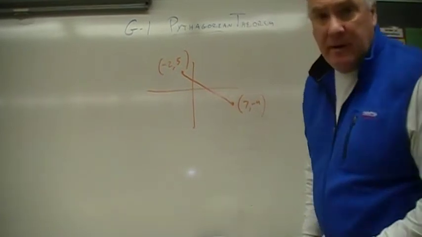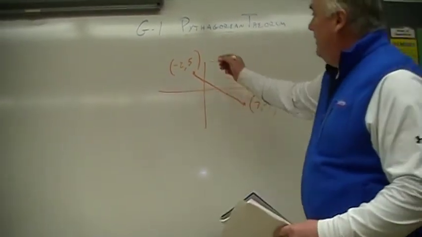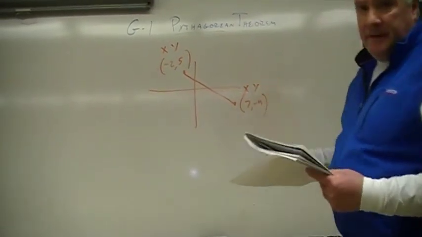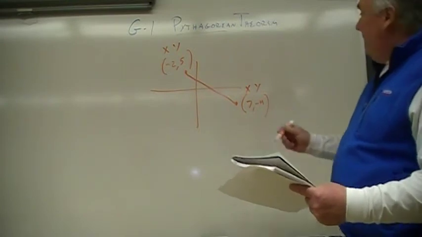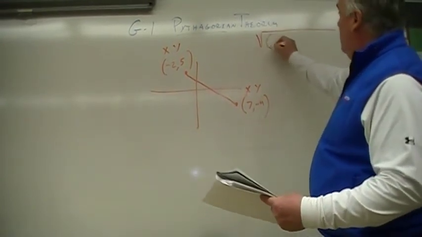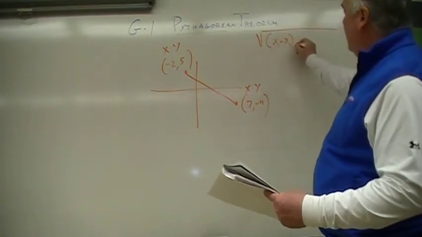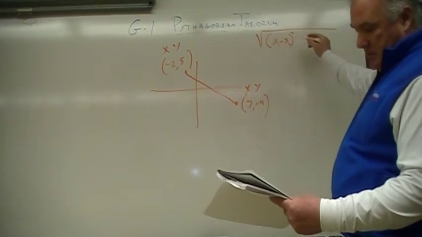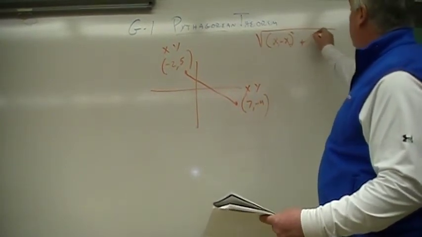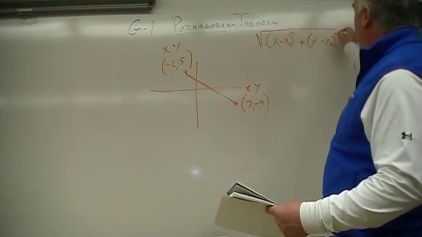That's what we're going to be doing. And so the distance formula is, if this is x, y, x, y, the formula is x1 minus x2 squared plus y1 minus y2 squared.